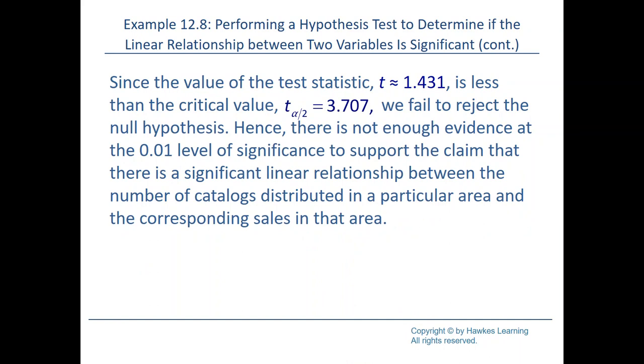So we fail to reject the null hypothesis, meaning there's not enough evidence at a 0.01, or 1% level of significance, to support the claim that there was a significant linear relationship between the number of catalogs distributed in a particular area and the corresponding sales in that area.